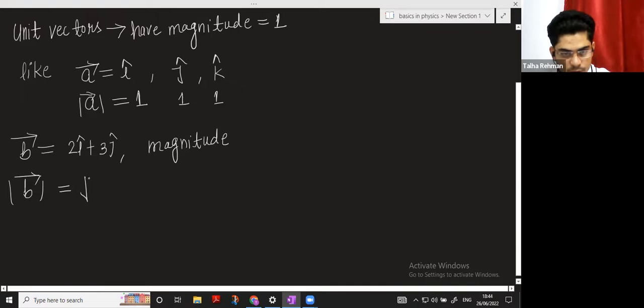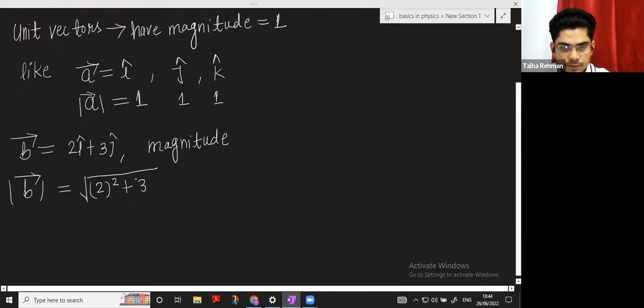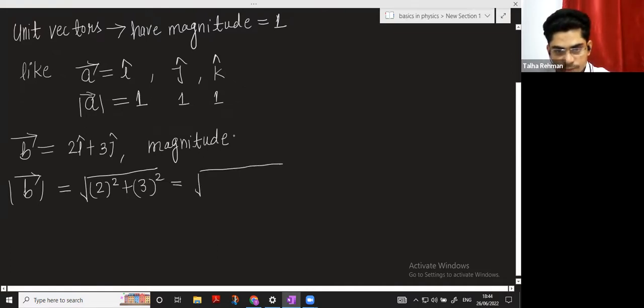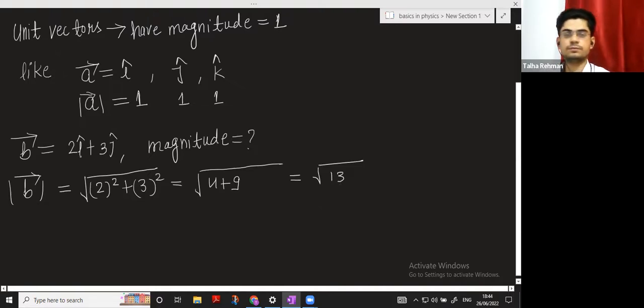What I will do, simply the term with I cap, I will square this term, plus I will square this term 3, which is a multiple of J cap. This is 3 square. Okay. So 2 squared is 4 and 3 squared is 9. This will be equal to 13. Okay.